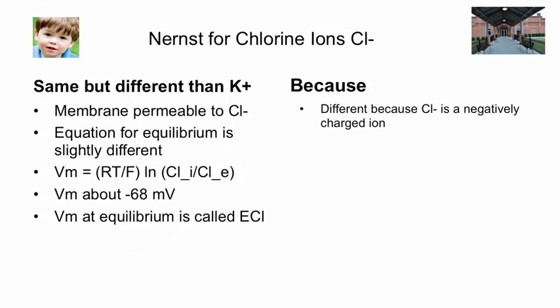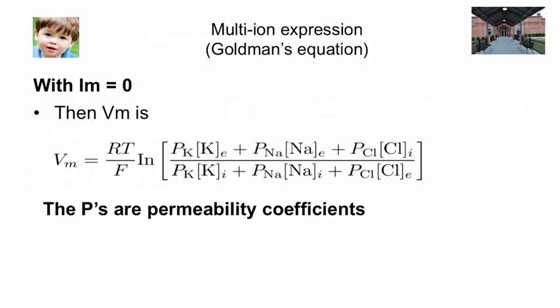We have not discussed chlorine ions, but there's a similar process for chlorine. One might ask, can you do the mathematics so that all the different ions appear in the same system? In fact you can, and this multi-ion expression is sometimes called Goldman's expression, and it appears on the slide.